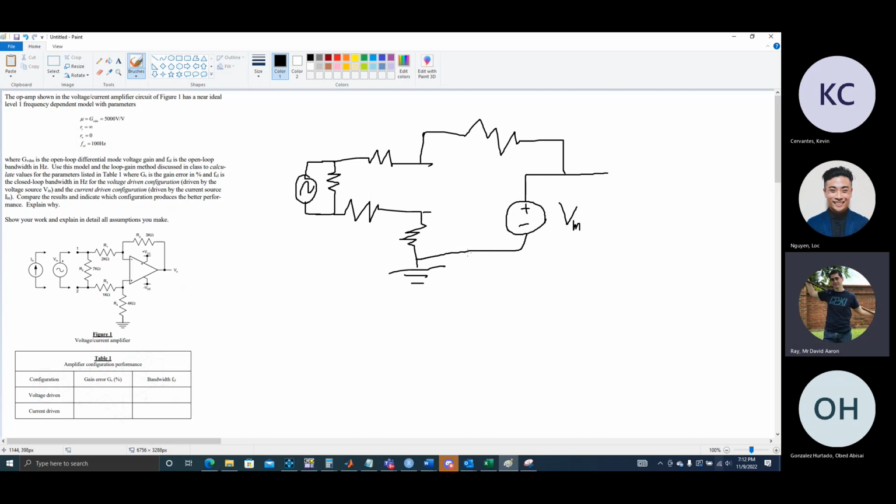So the way this works is that for this voltage-driven amplifier, we're going to want to calculate the feedback function f. F equals change in V over Vm. Now, to calculate feedback, what we do is we set our voltage-driven voltage source equal to 0.